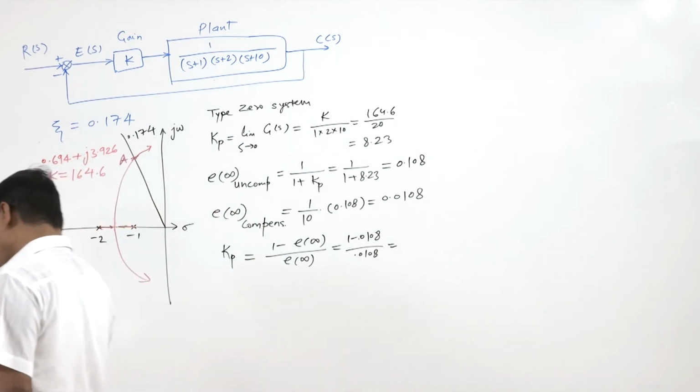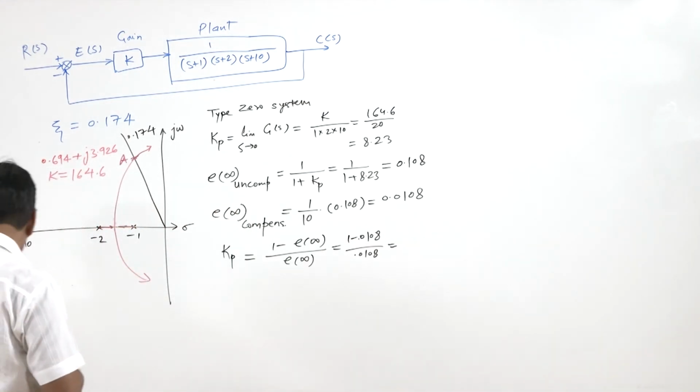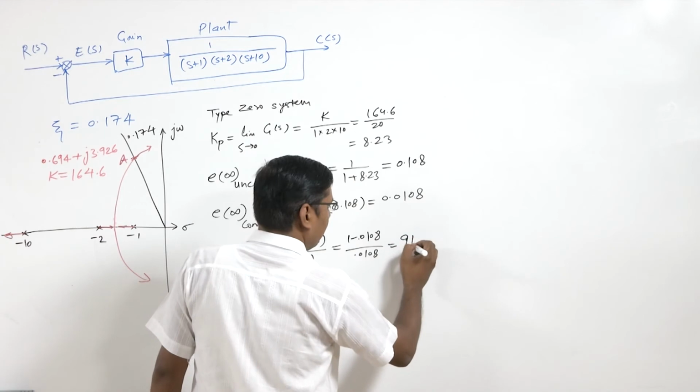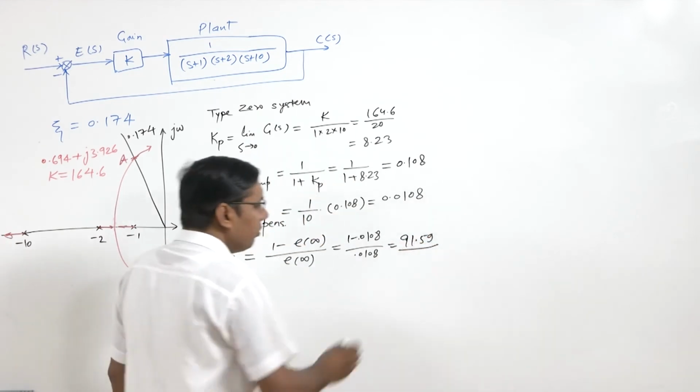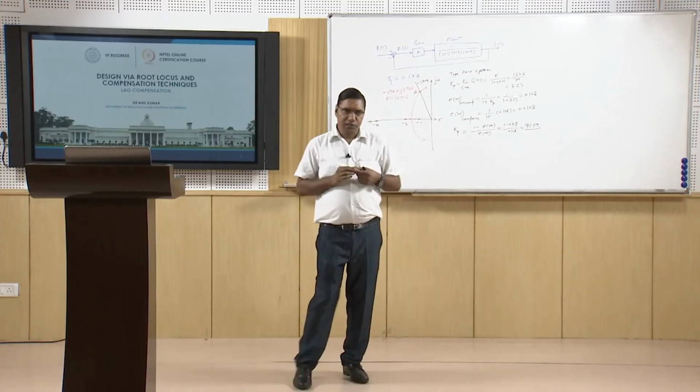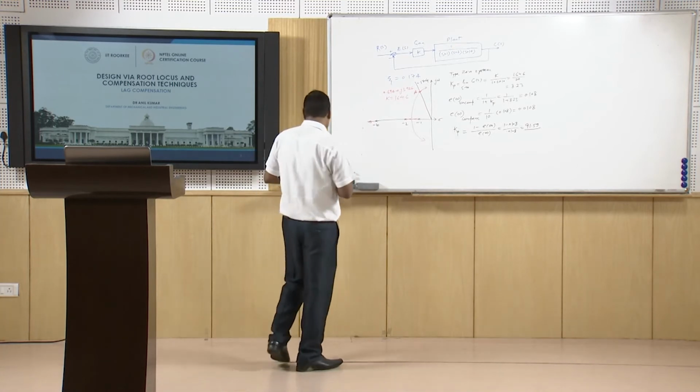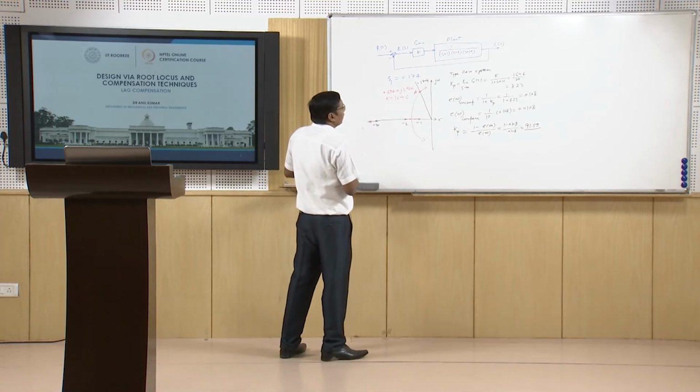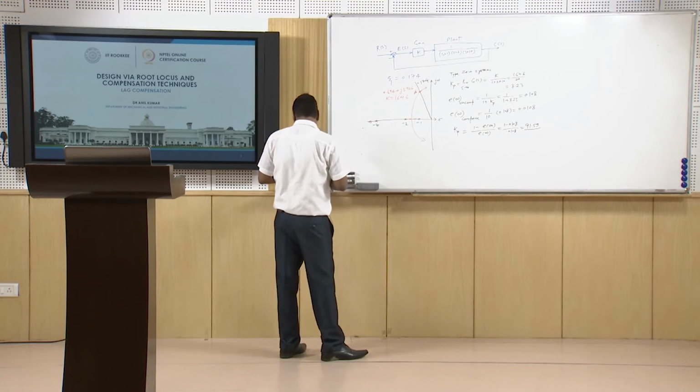So this Kp value we obtain is 91.59. We must have this value of static error constant if we want to satisfy the steady state error design.